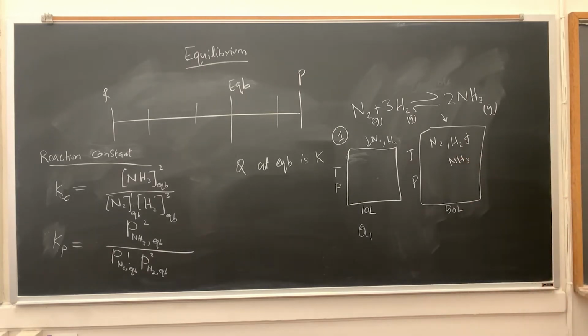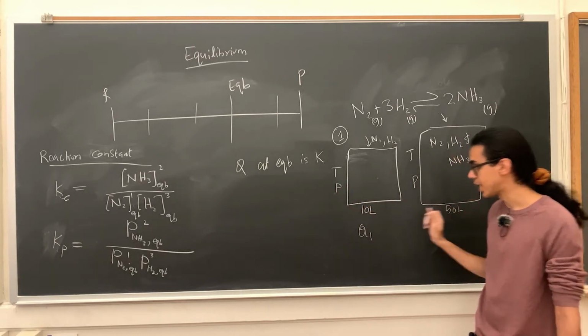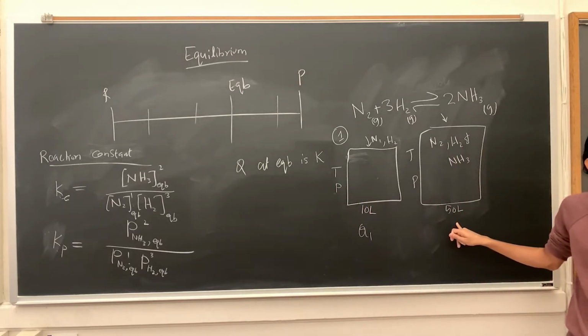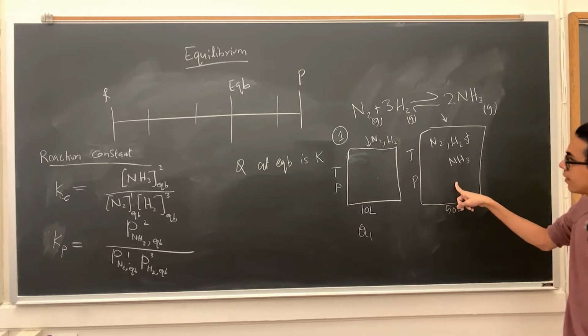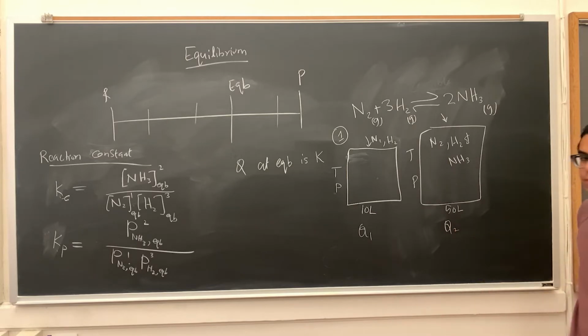Both are the same chemical systems because they have the same chemical reaction going within, and the external setup is the same. The pressure and the temperature is the same. I've just changed the shape or the volume of the container, and I calculate the Q value here at equilibrium. They will be the same.